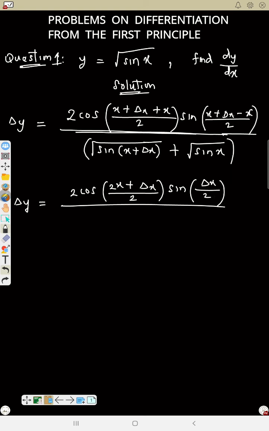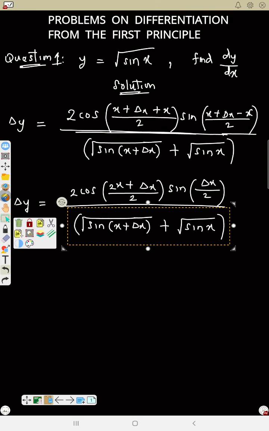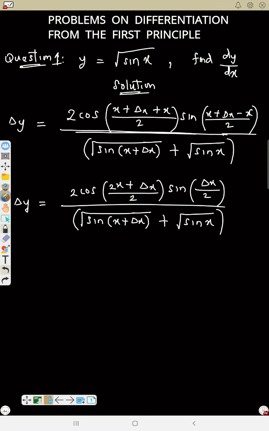Why? Because we can see here that x minus x will be 0, so it will remain delta x, and here x plus x is 2x, so we have 2x here, but the x will cancel out, remaining delta x. So divided by square root of sine (x plus delta x) plus square root of sine x.